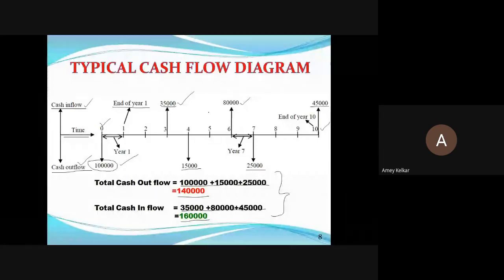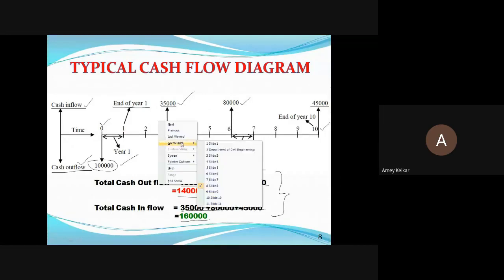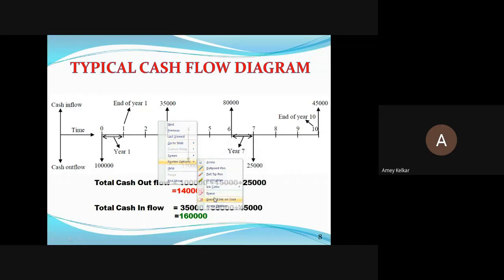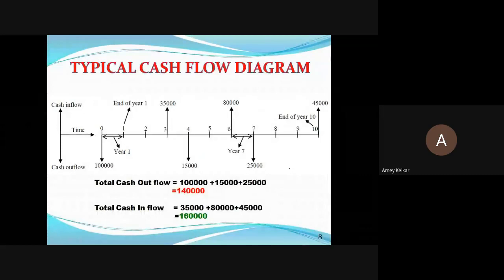A cash flow diagram is very, very important, and we can put one for each and every financial activity. For example, we have to put such diagrams for our basic civil engineering works. Say I'm constructing a building, I'm a contractor.